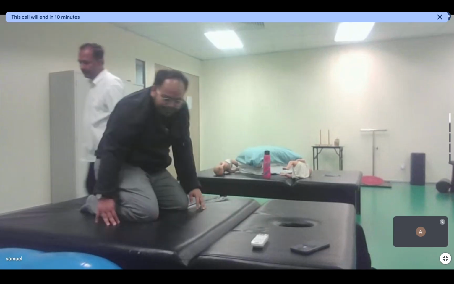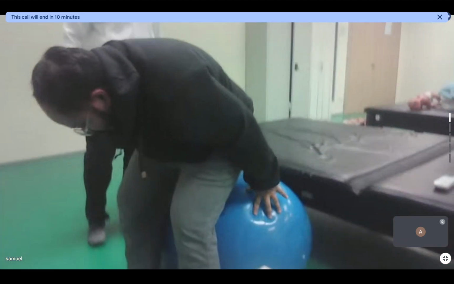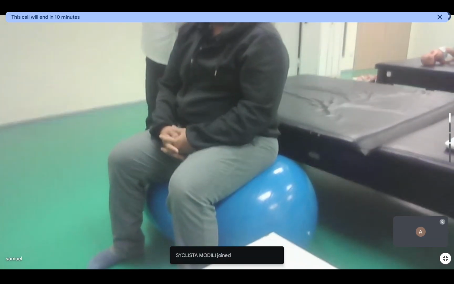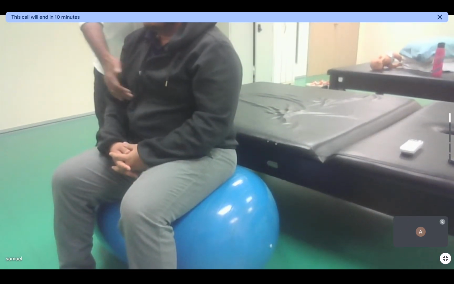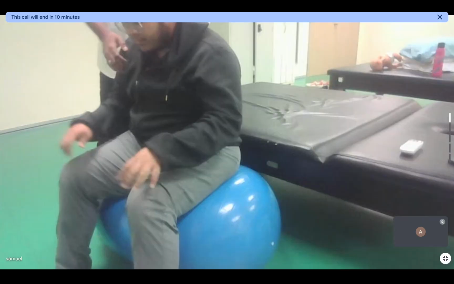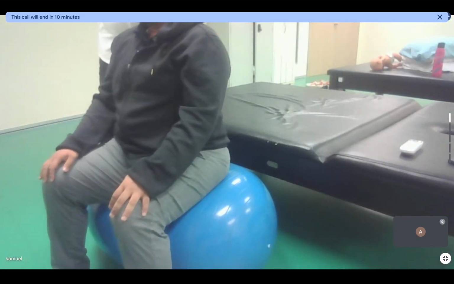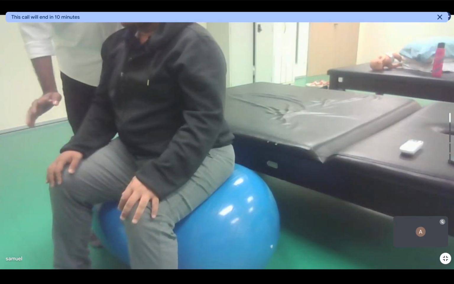Sitting. So now, as you already know, sitting on a physio ball needs firing of your core muscles and your lower limb muscles. Firing of your core muscles will give a better trunk, and you're also firing up your lower limb strength.